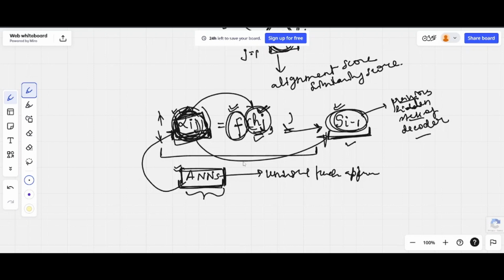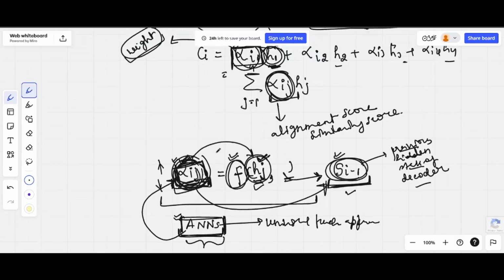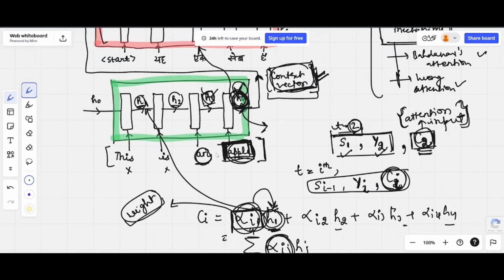Now, one thing that I want to make clear here is that in our encoder model, these LSTMs that we are using are actually bidirectional LSTMs. It's okay if you don't understand bidirectional LSTMs. These are mainly used for understanding a sentence not only from left to right, but also from right to left.